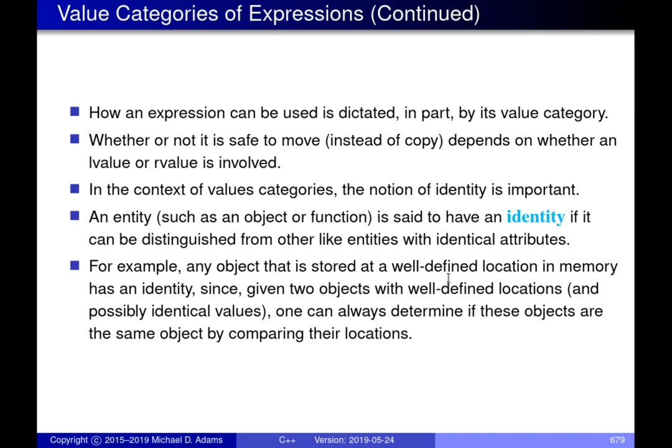They're both called X. I can always distinguish one from the other by taking their address and checking whether they're stored at the same place in memory, provided that they have a well-defined location. The issue is if they don't have a well-defined location, maybe taking the address is not legitimate. For some circumstances, you can't take addresses of things. But if I could, because they do have well-defined addresses, I can compare the addresses and see if they're the same thing. So this is just an example to illustrate the notion of identity in the case of variables.